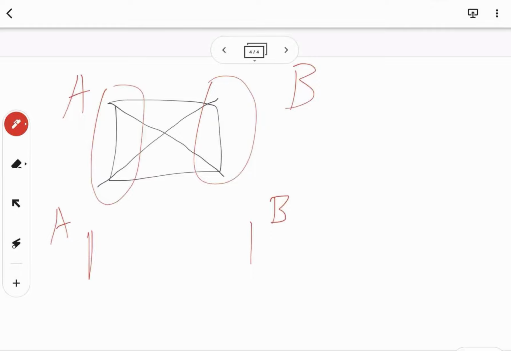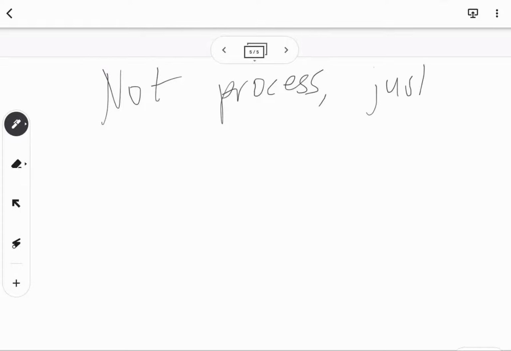So how do we do this? We want to somehow choose some kind of monovariant. Well, this is not a process problem. There's no process here. It's just asking us to prove that this is possible.